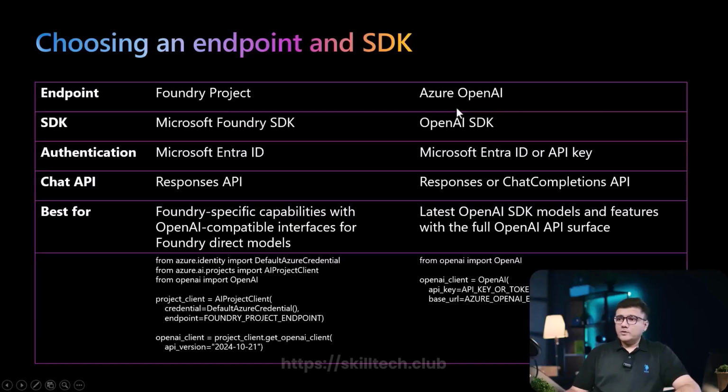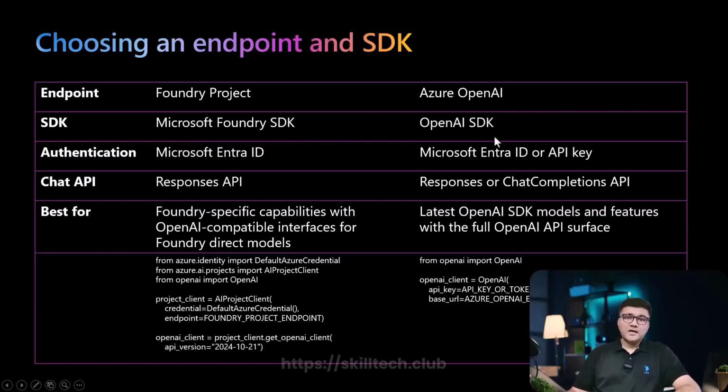On the other side, you have the Azure OpenAI endpoint, which is also available. When you want to deal with OpenAI models and connect to them using an Azure OpenAI API key, then you will use that one. In both of these cases, I'm showing you a clear comparison. When you use the Foundry project endpoint, you will use the Microsoft Foundry SDK, while in this one, you will use the OpenAI SDK.